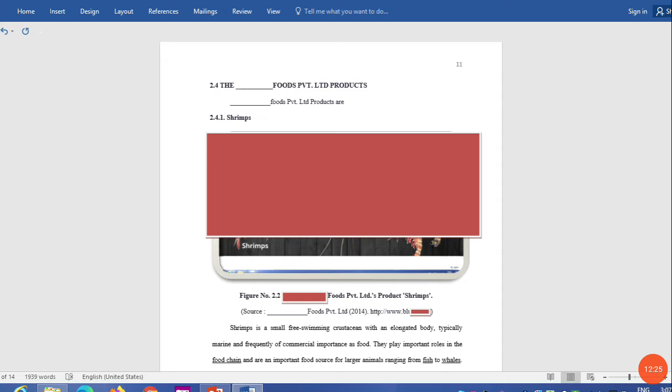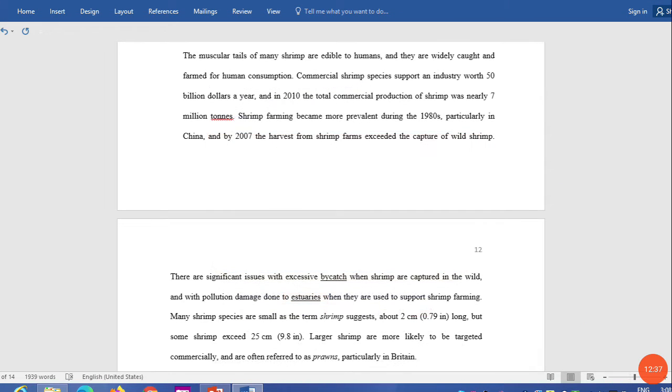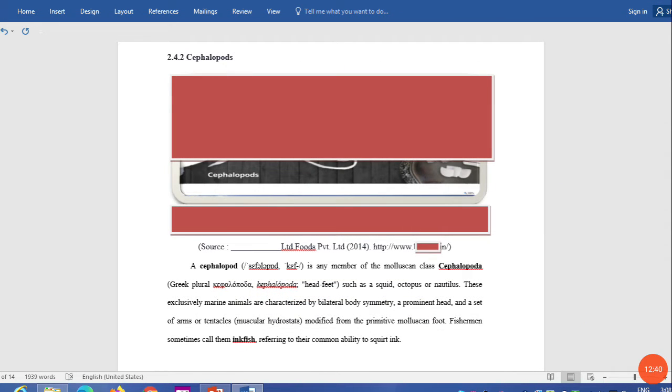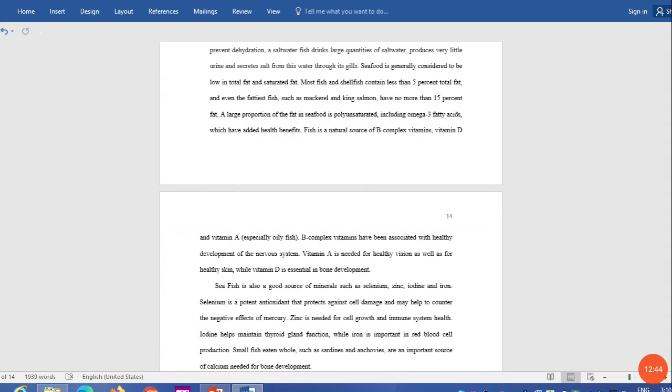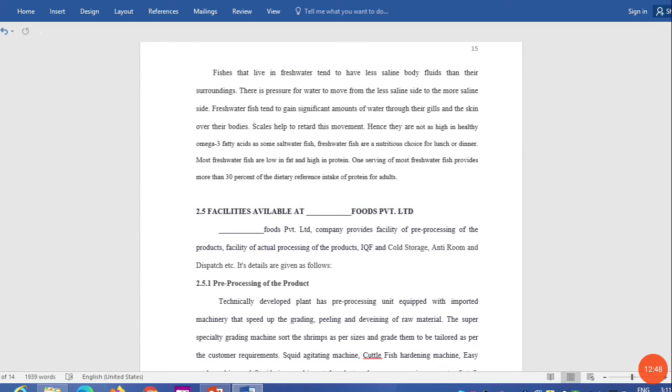After that, photographs of different products with their details are given. The different facilities are described.